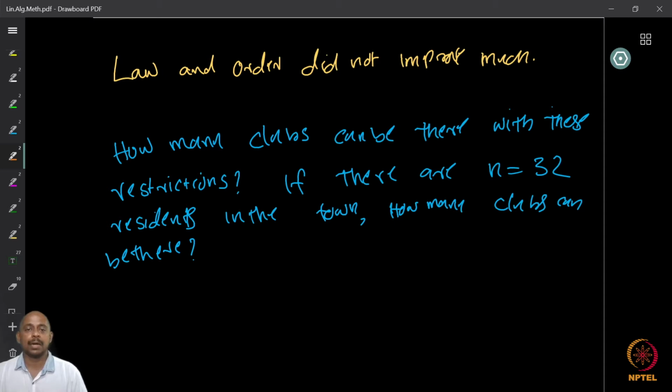So can you think about how many clubs can be there with these restrictions, right? For example, suppose there were only 32 people in the town, then how many clubs can be there? Can you tell me the number of clubs that you can have with respect to these restrictions?